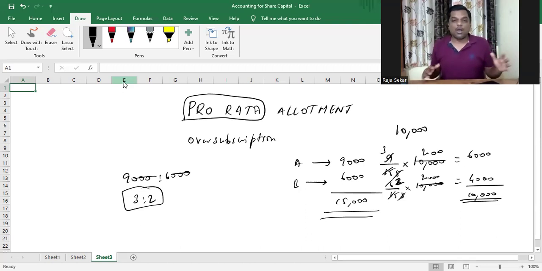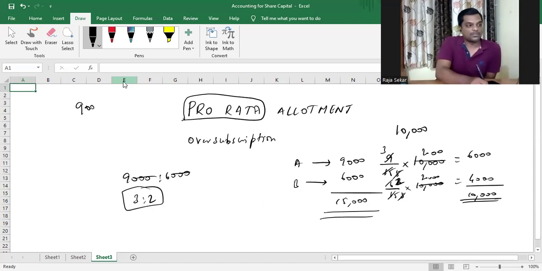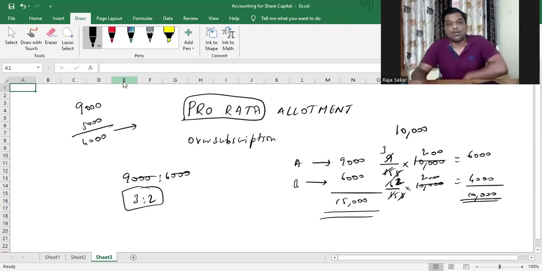Now, my dear children, how does it change accounting for share capital? How does it affect accounting for share capital? Assume A has applied for 9,000 shares and we have allotted 5,000 shares to him, which means that 4,000 of his applications are in excess, the extra applications made by him.